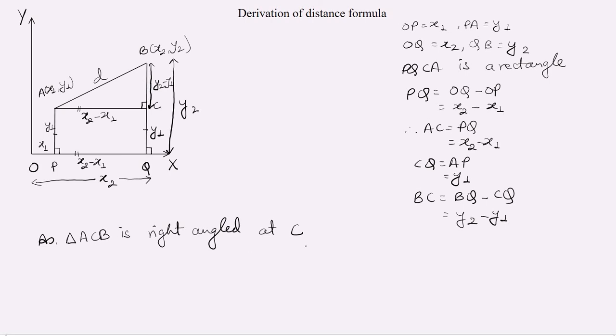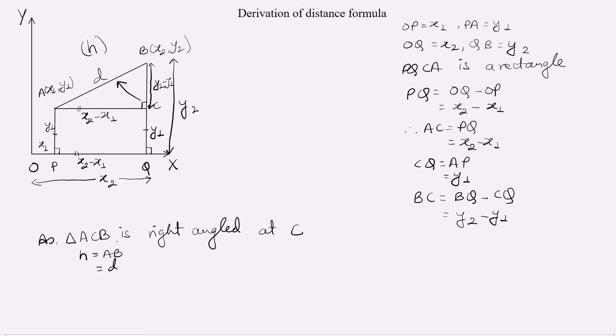As triangle ACB is right angled at C, the hypotenuse will be the side opposite to the right angle. This side is the hypotenuse. Which side is the hypotenuse? That is AB. And what is the measurement of AB? That is D, what we have supposed.